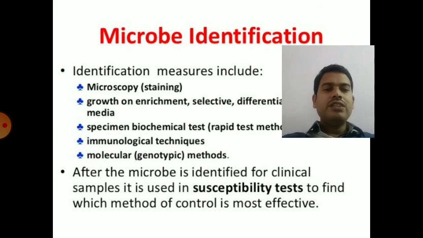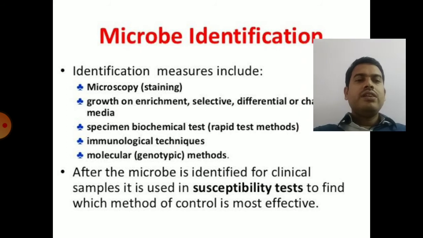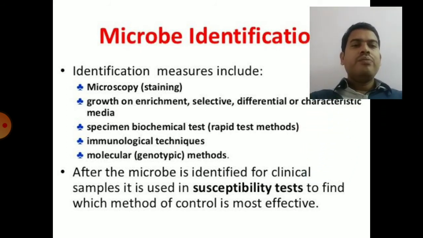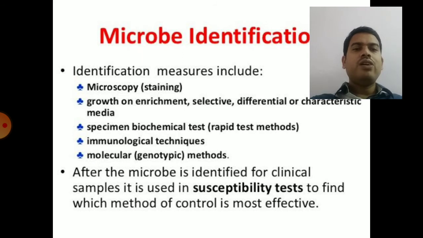After isolation of pure cultures, you can subculture the bacterial species from pure cultures to n number of cultures with the help of different petri dishes, and you can identify that bacterial or microbial species with the following techniques.